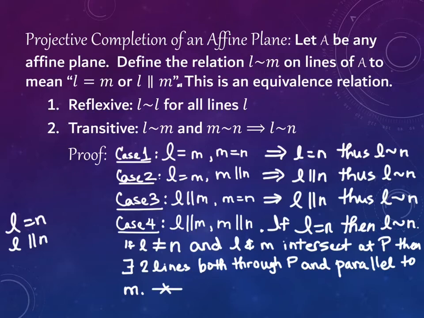This contradicts. This is a symbol I told you before was contradicts. It's really two arrows pointing at each other, but I never draw it that way. I just draw it with an X through the line. This is a contradiction to the Euclidean parallel postulate.